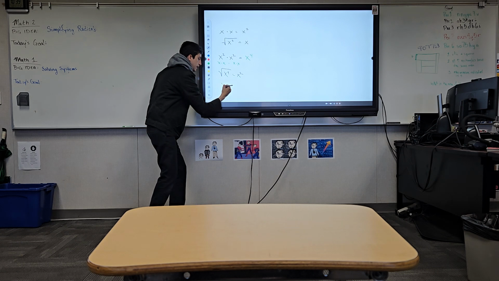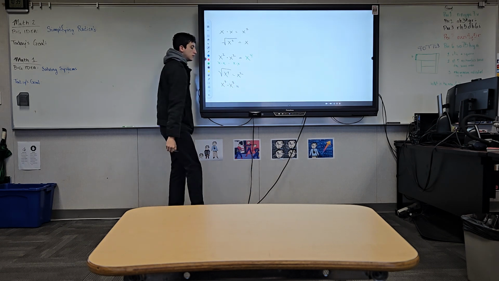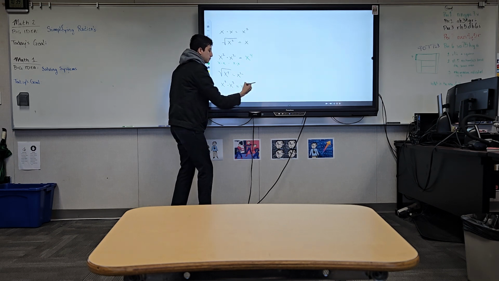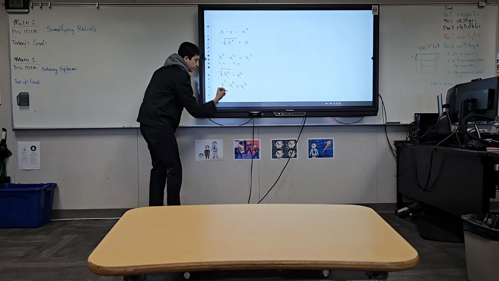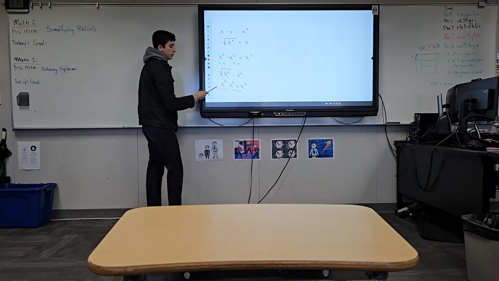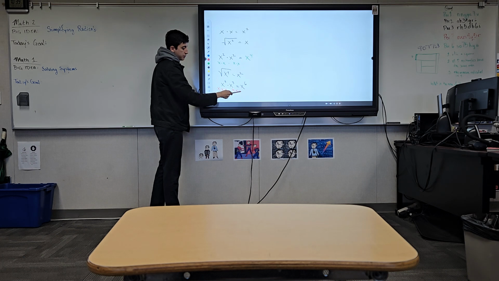Okay? What's x to the 3rd power times x to the 3rd power? It is x to the 6th power. Same idea, right? X to the 3rd power is x times x times x. And that happens twice. So what happens when you group them together? You're multiplying 6 x's together.